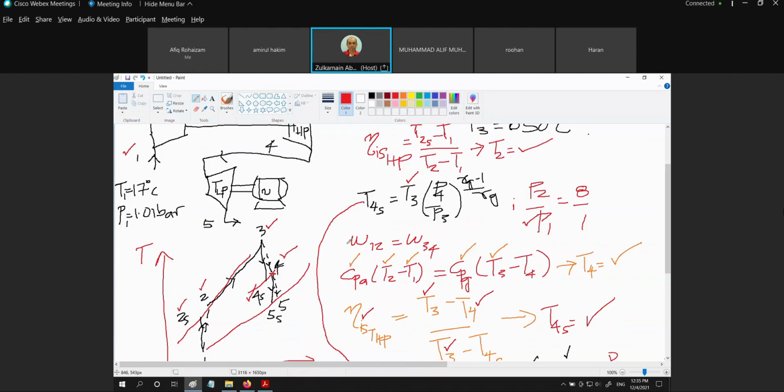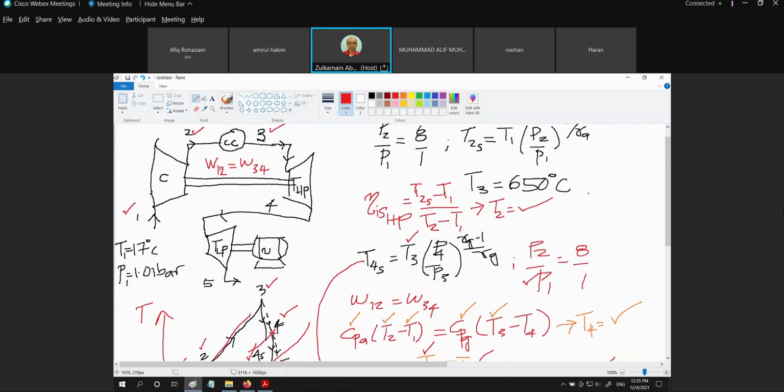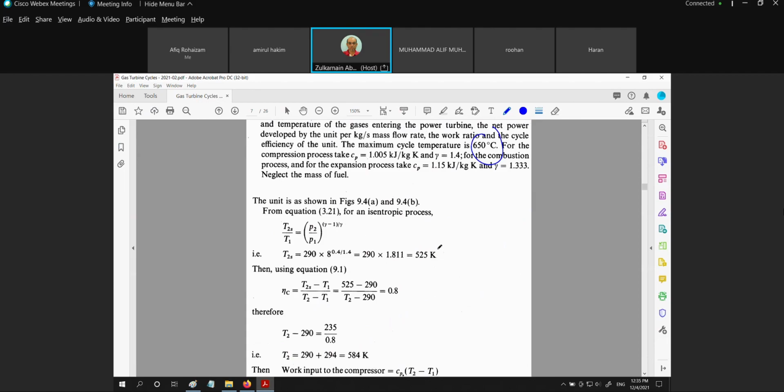You see, this W12 equal to W34, where do we get it? We get it from the schematic diagram. That's why I told you we need to make sure that our schematic diagram is correct, and then we sketch the TS diagram. So that is how you solve it.